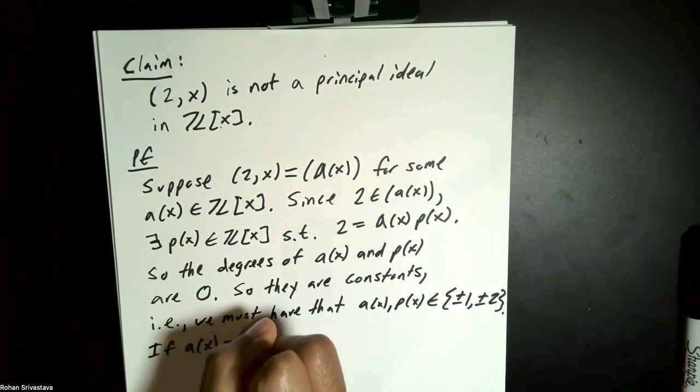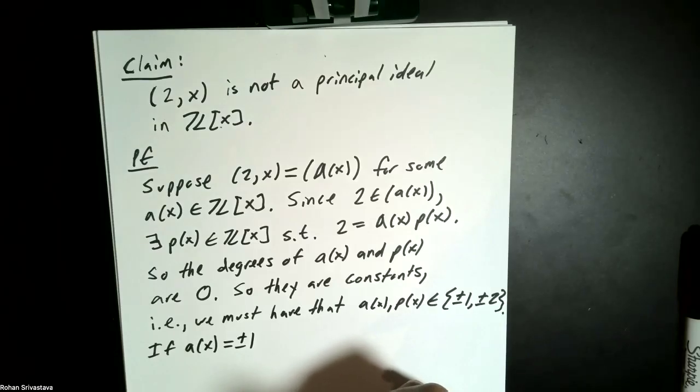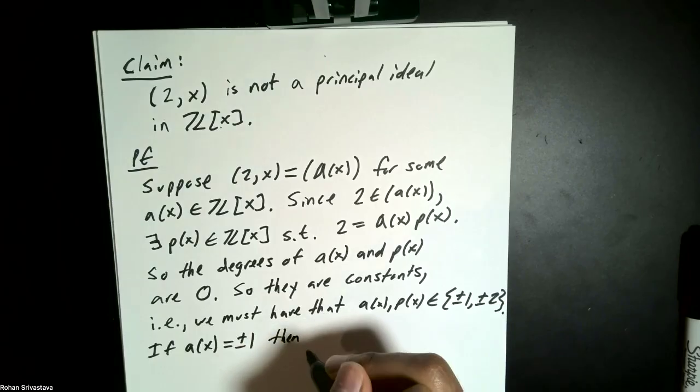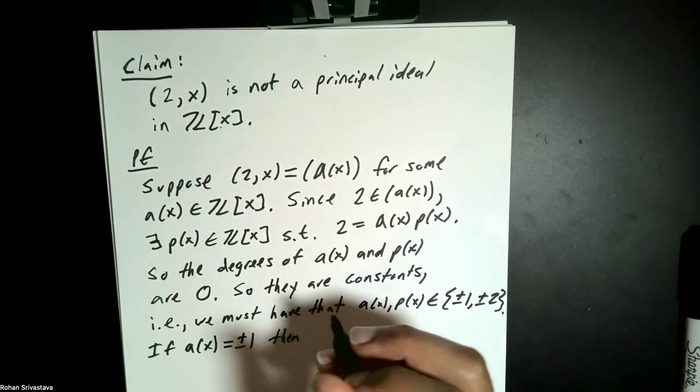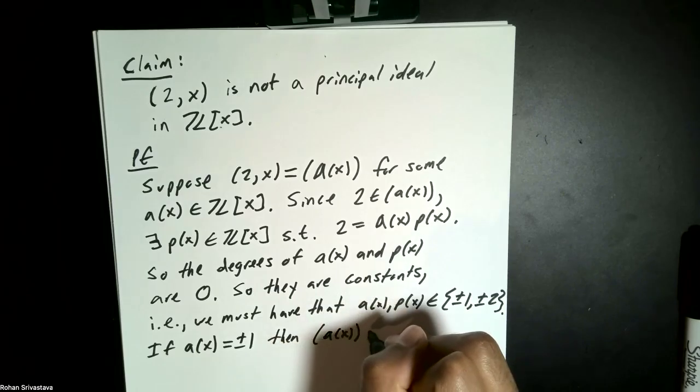Now, if A of X is the constant polynomial one or the constant polynomial negative one, which is a unit, then the ideal generated by A of X would have to be the whole ring.